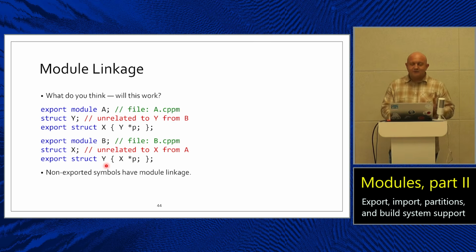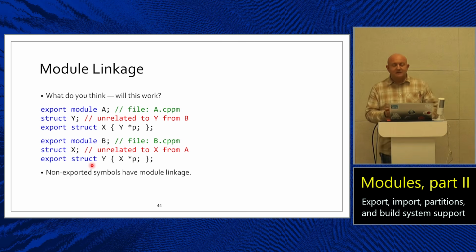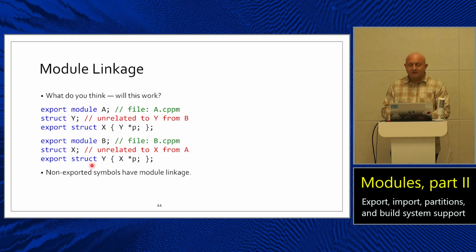Of course. The forward declaration from B didn't work, and that's a good thing. The y declared inside module A is not the same y that is exported from B. They just happen to have the same name, but they are completely unrelated types. And the same goes the other way around. The x inside B has nothing to do with the x exported from A. Why does this happen?